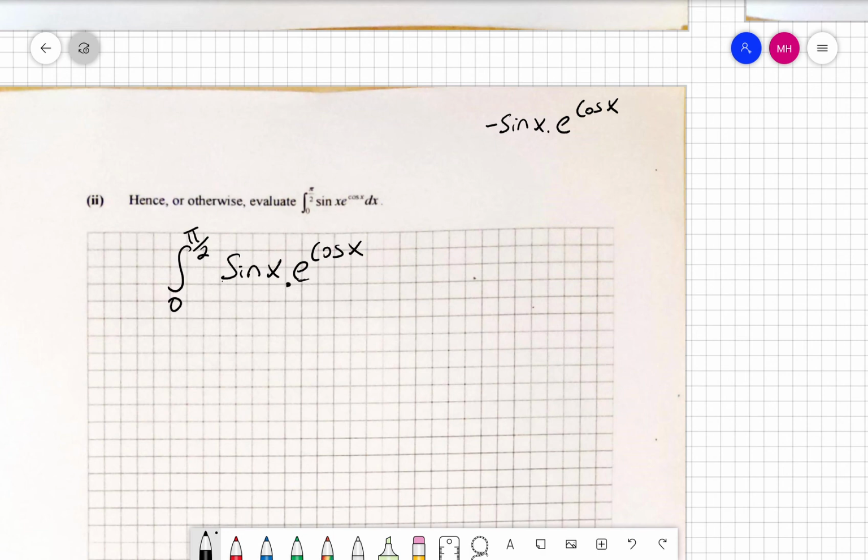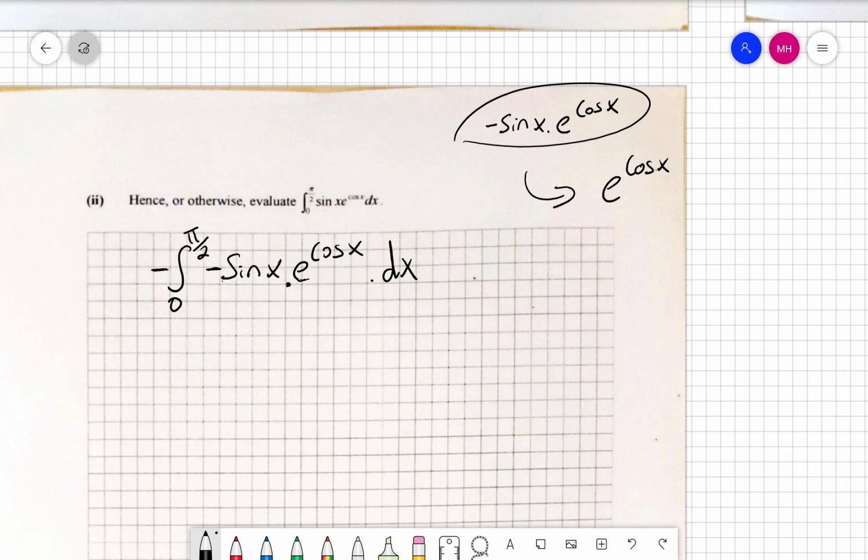Now if we had that, we would know that this integrates to e cos x. So if we introduce a minus sign here and also a minus sign here, we've got the same thing.